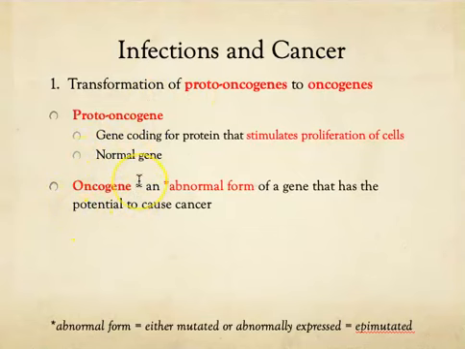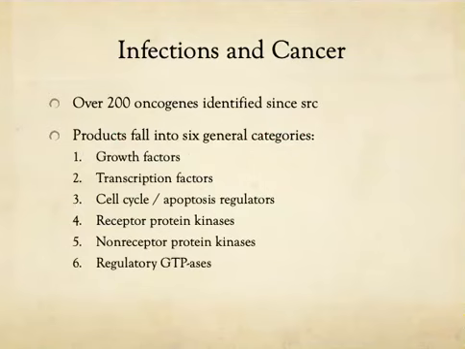But other times it becomes an oncogene because it's being expressed abnormally. So it's not that the base pairs have changed in their sequence. It's that this proto-oncogene is now being transcribed and translated abnormally. Remember, that's epimutation. At the bottom of every single cancer, there is either mutation or epimutation.